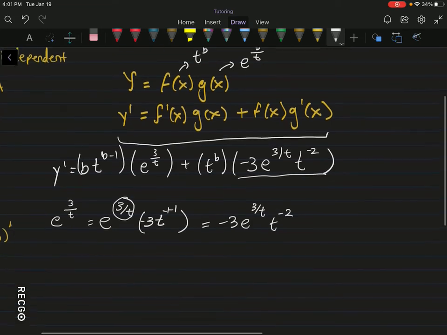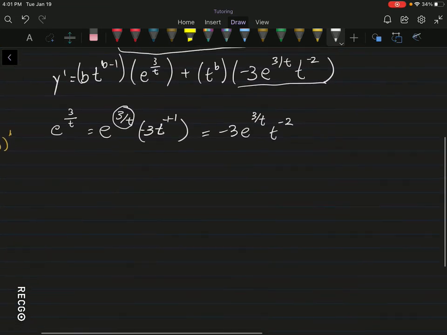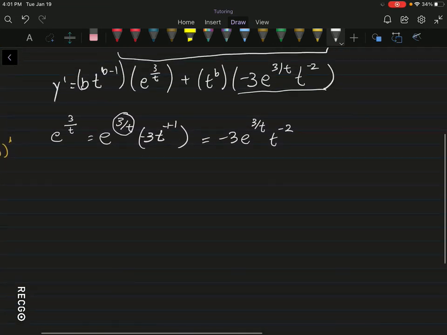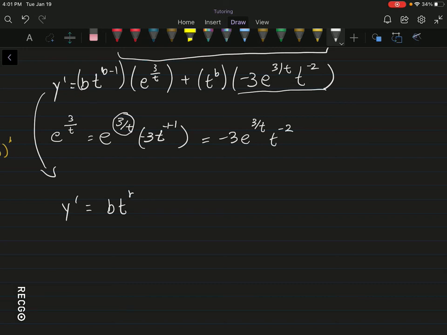Okay. And now the last thing to do is just combine everything. So let's go ahead and do that. We can write this as b t^(b-1) e^(3/t) minus 3 e to the 3 over t.